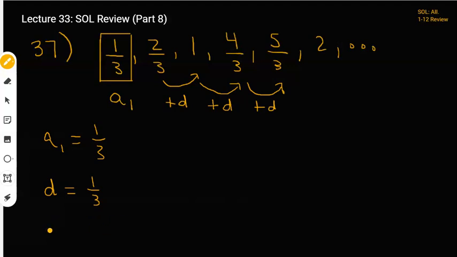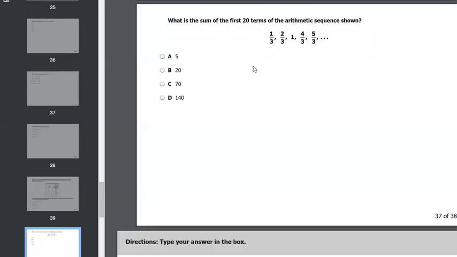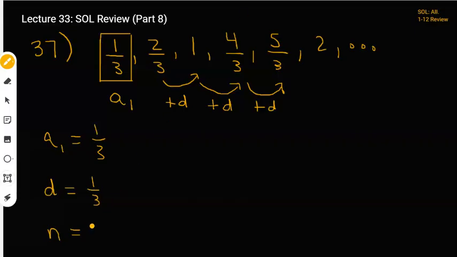And then I'm going to need a value called N. N is how many numbers you have. And in this case, it says 20. So my N is going to be 20. That's how many terms I'm going to have.